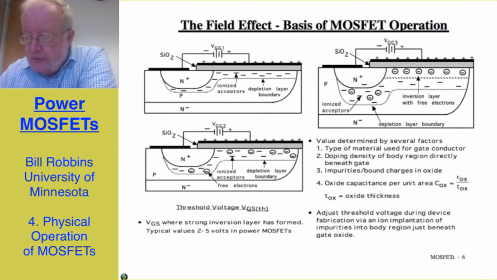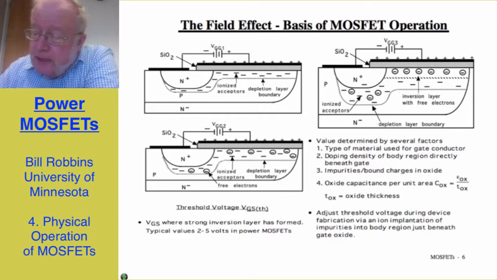If I apply a fairly small voltage to the gate, I've labeled it VGG1, we begin to put positive charge on the upper plate. That means on the lower side of the oxide, at the oxide p-type body interface, we're going to have some negative charge to compensate for that positive charge.